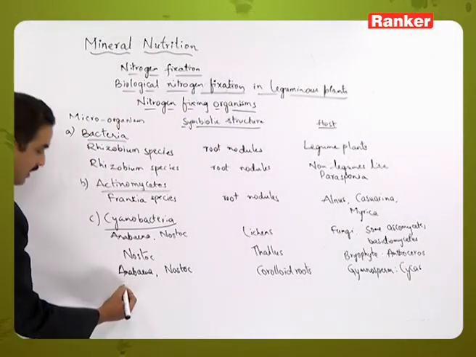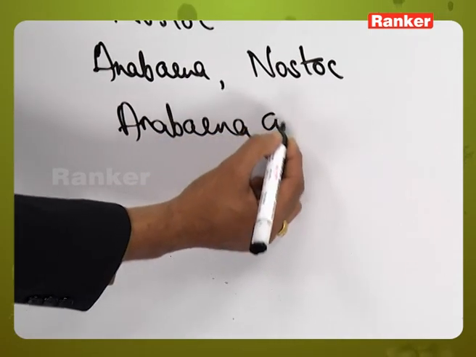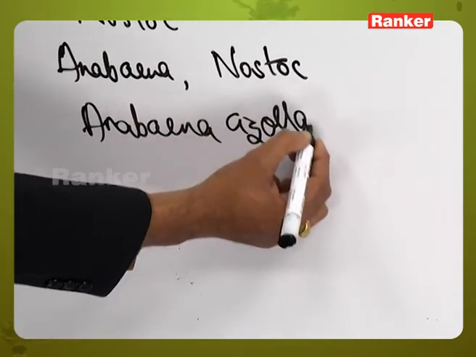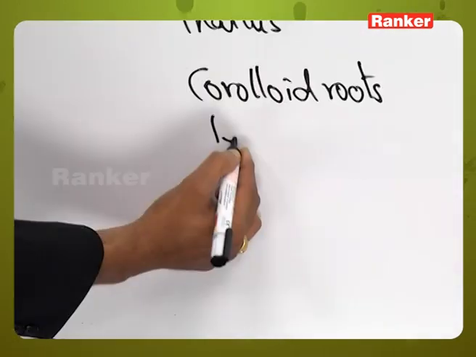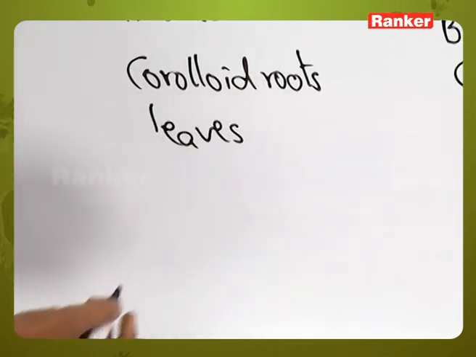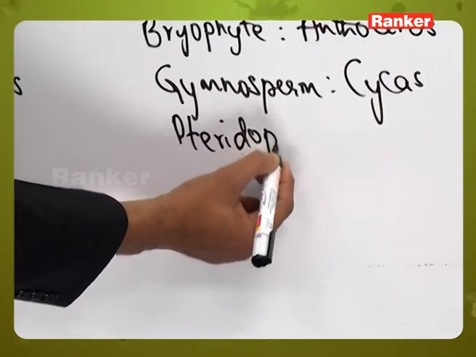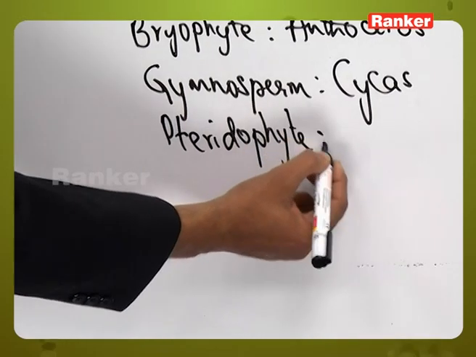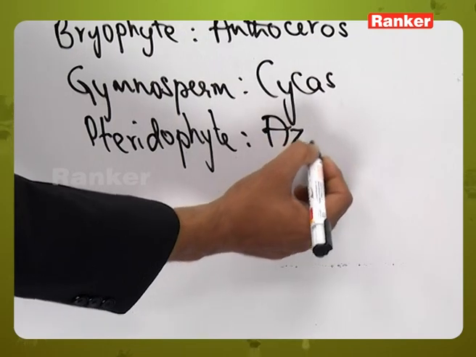In the same way, Anabaena azollae is associated with the leaves in a pteridophyte member, that is an aquatic fern, the Azolla plant.